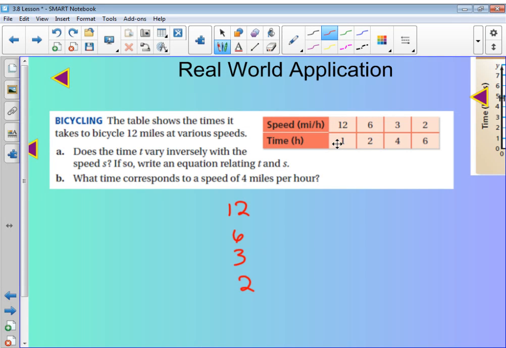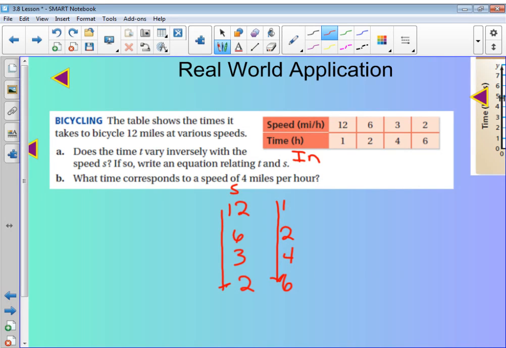And the speeds were 1, 2, 4, and 6. When we look at this, as the speed went down, so we got slower, our time went up in numbers. As one went down, the other went up. So yes, it would be an inverse variation.